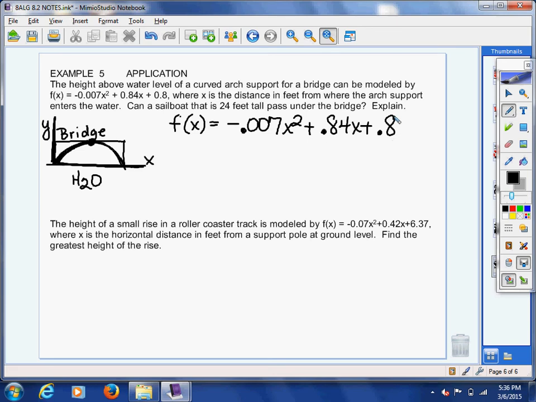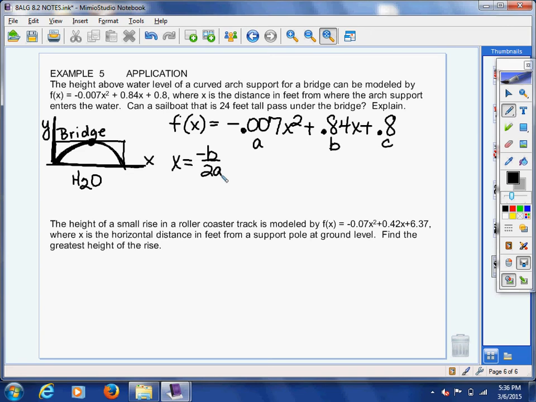So what we're going to do is use these numbers. Negative 0.007 is our A, 0.84 is our B, 0.8 is our C. Not that we need C, but I'm going to identify it just for all intents and purposes. All right, so we're going to use the axis of symmetry formula, which is negative B over 2A.